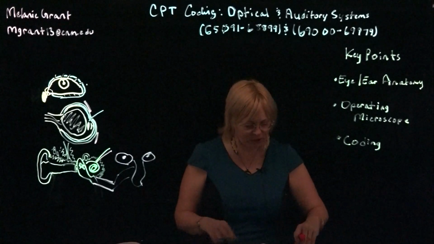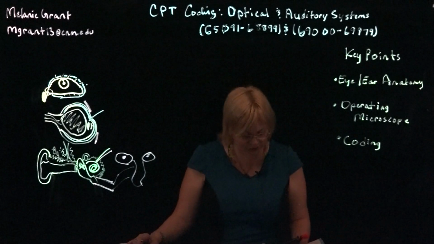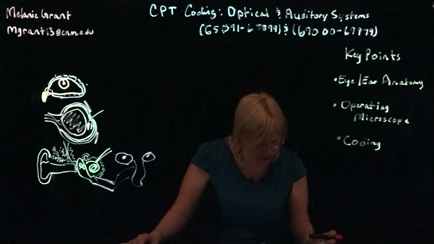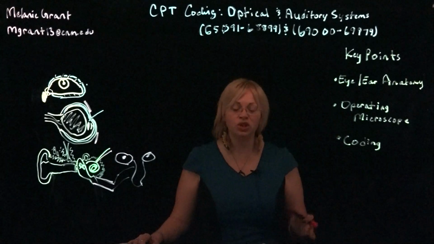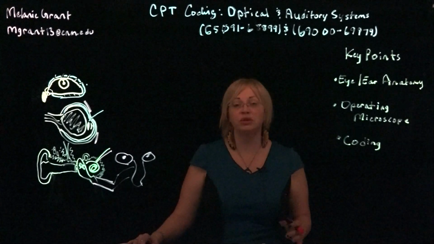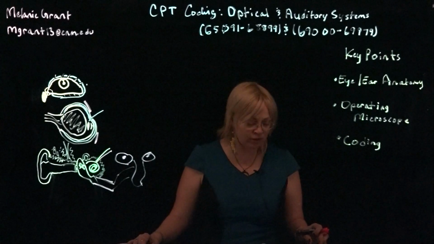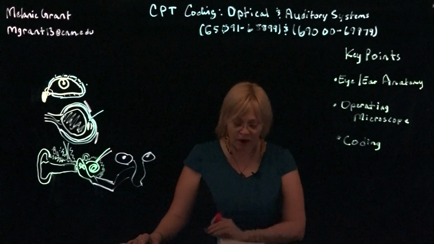And I'm going to go over there now. You have the difference of incision and removal of a current lens and intraocular lens procedures with cataract extraction. So you want to pay attention to what type of procedure you're doing, if they're incising and removing, or if they're doing something specific to the cataracts.